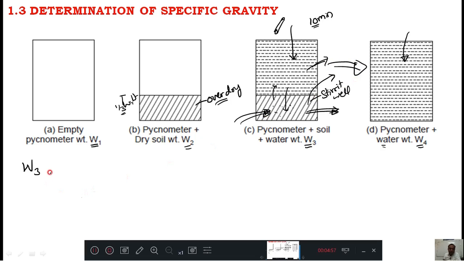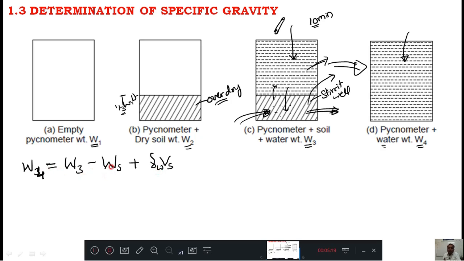Mathematically, I can say that W4 can be achieved like this: in the W3 I will remove the mass of solids and I will put that much amount of water as the volume of solids.